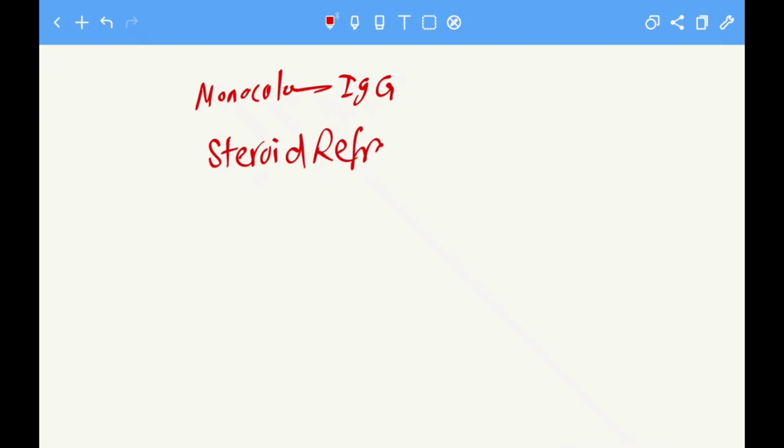These drugs are monoclonal IgG antibodies. They block the inflammatory process responsible for this condition. And we use them in steroid refractory situations and for treatment of extra-intestinal manifestations.